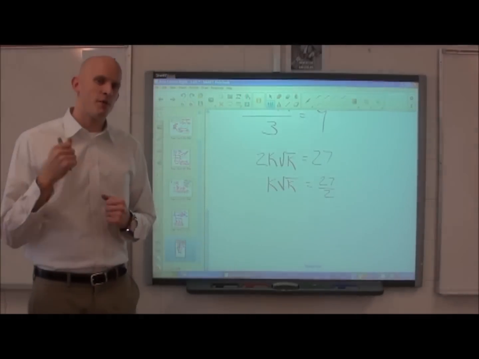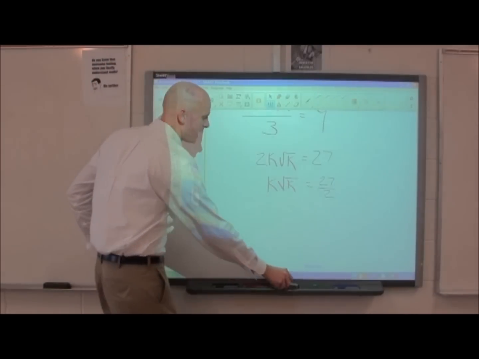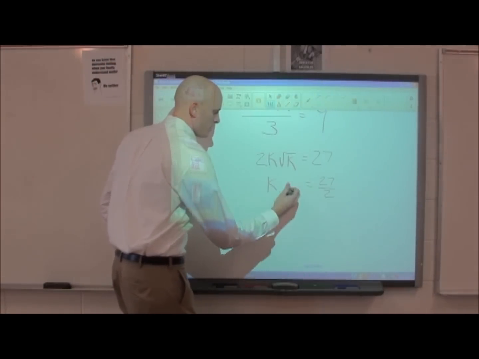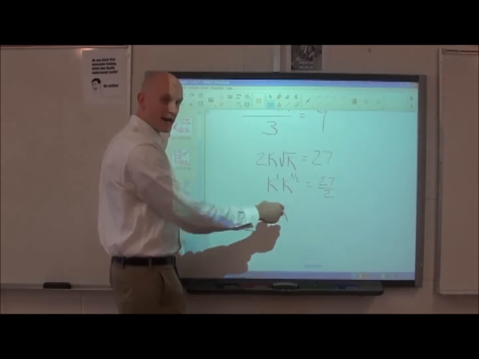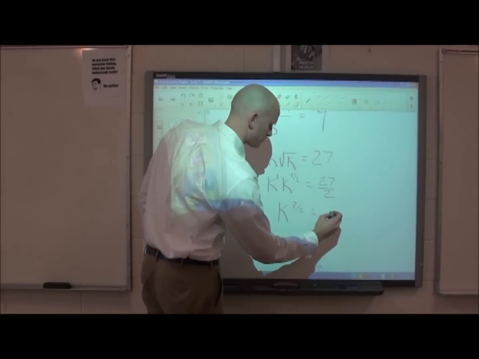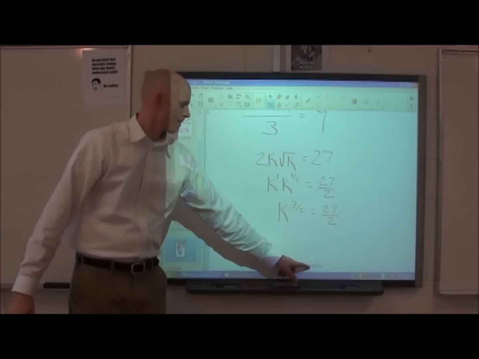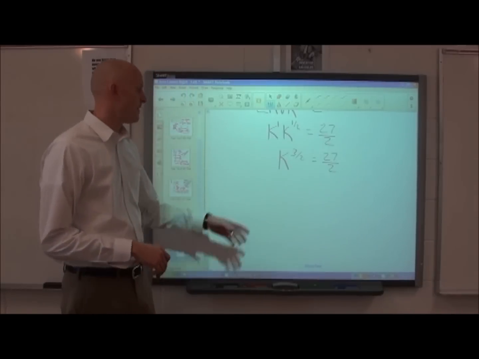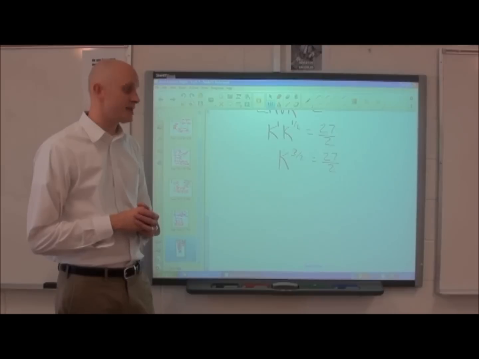Use your exponent properties. Square root of k is the same thing as k to the 1/2 power, which is k, add exponents to the 3/2. And now simplifying, this is the square root of k cubed equals 27 over 2.